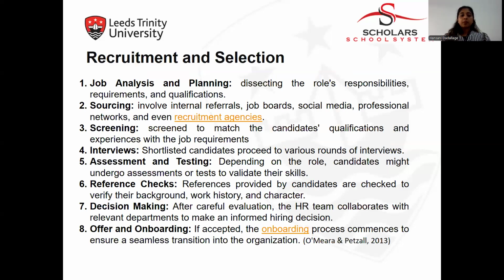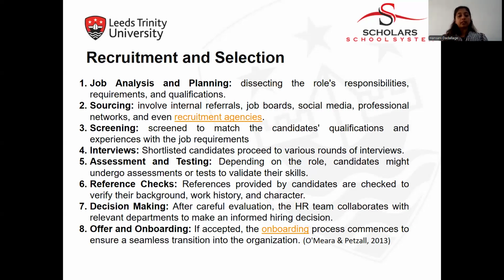So this slide explains more about recruitment and selection. Basically this explains the 8 steps included in the recruitment and selection process. It starts with job analysis and planning, which means dissecting the roles, responsibilities, requirements, and qualifications accordingly. And then sourcing. There are several sourcing methods that can be used by different organizations depending on their requirements and the budget.